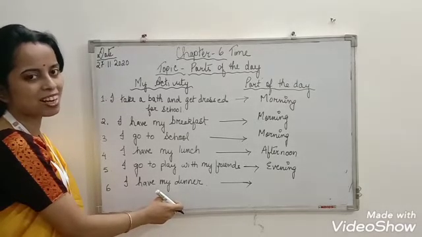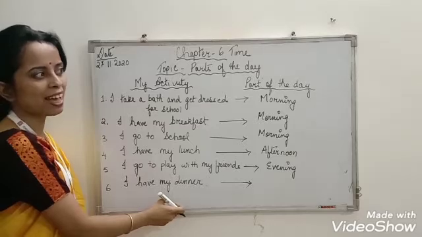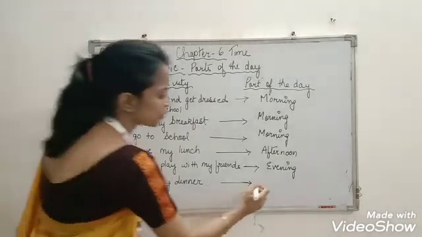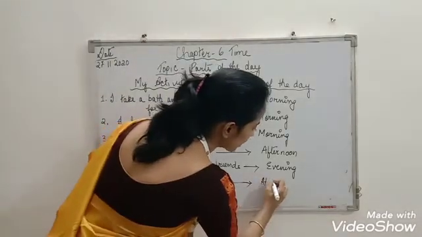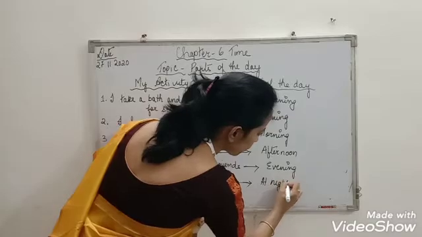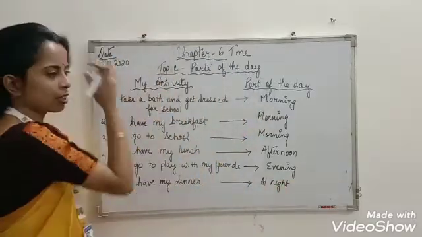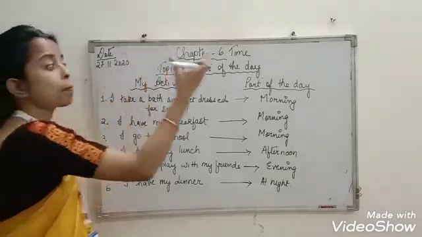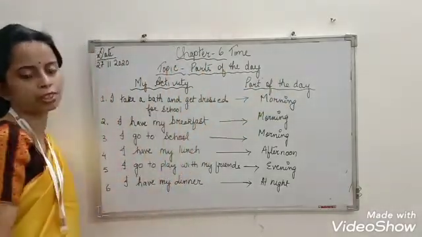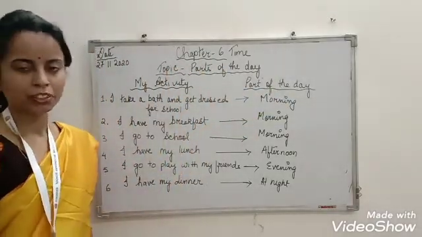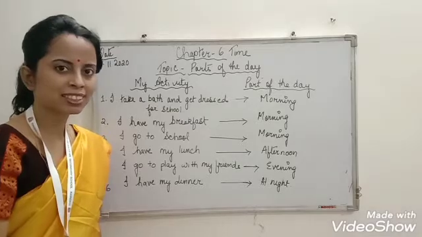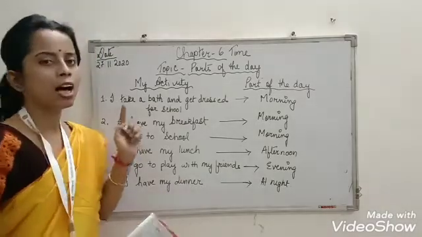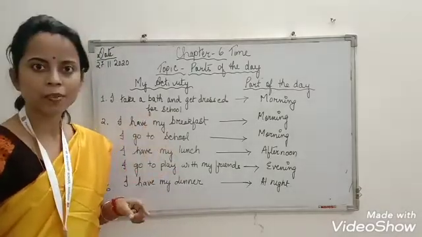We take our dinner at night. So we write night. See, these are the activities I have given, and we found the part of the day when each activity is done. Got it, children?